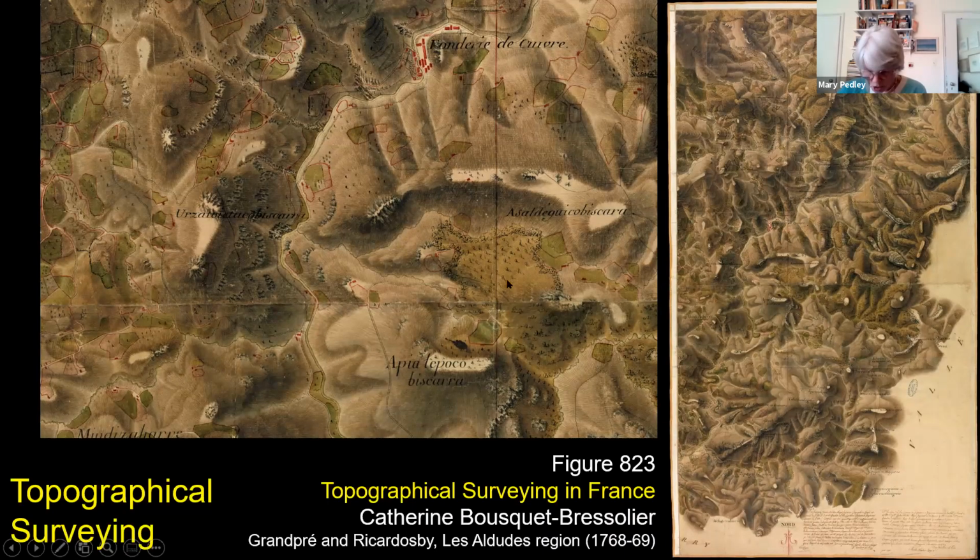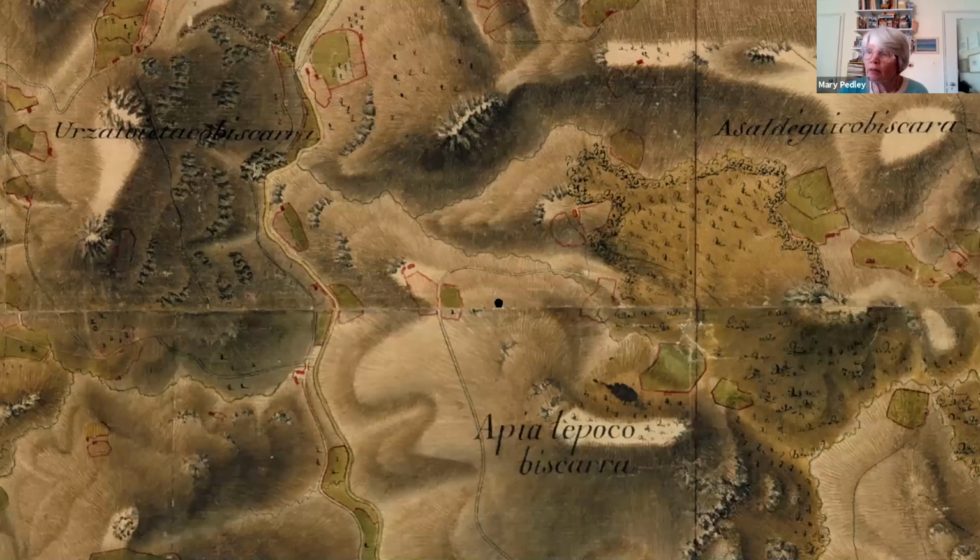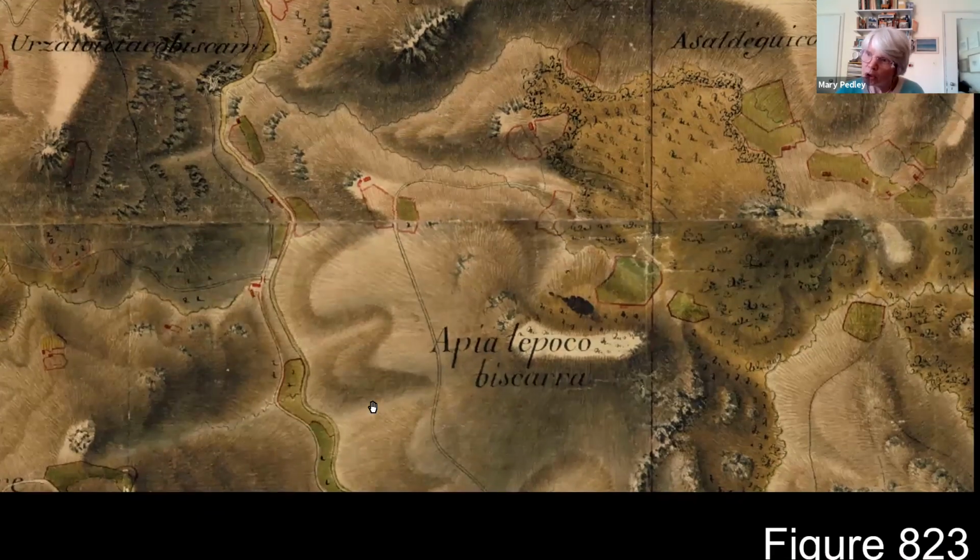And if I zoom in a bit, we'll see exactly what is meant by the shading and hatchering. Hatchering is when you draw in manuscript parallel lines very, very close together to show, and the distance between the lines shows you how steep a hill is.